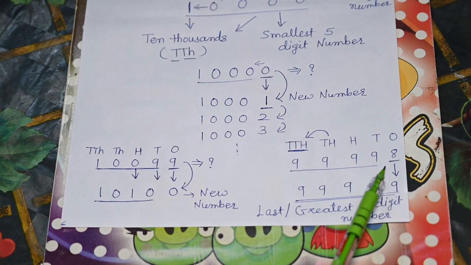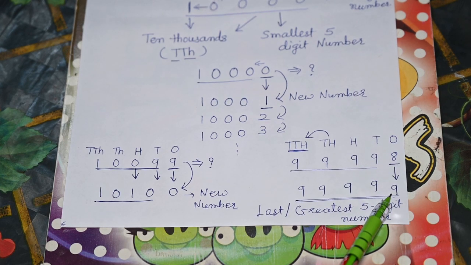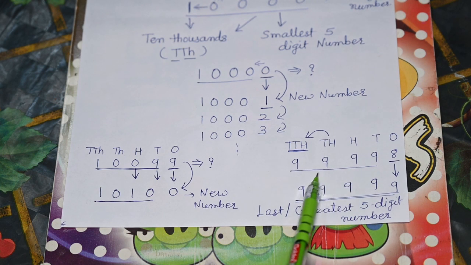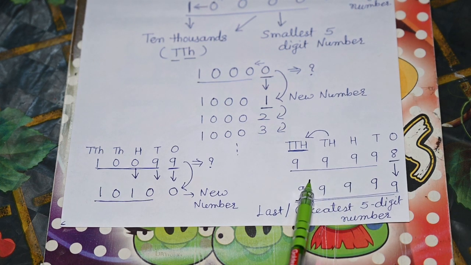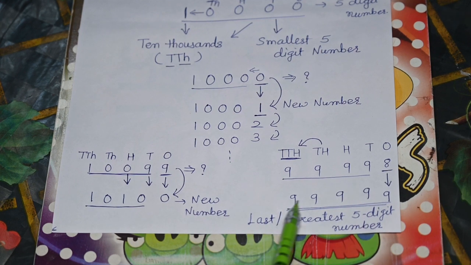Otherwise, whatever is there in the ones place, that digit will increase by 1 and the digits to the left remain the same.